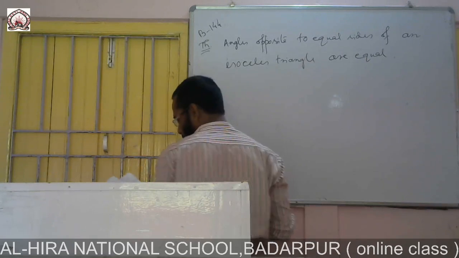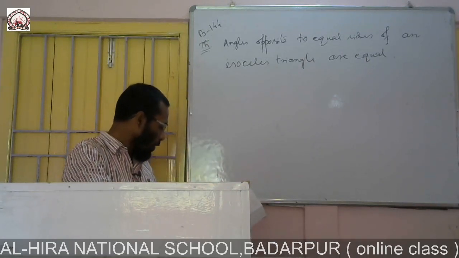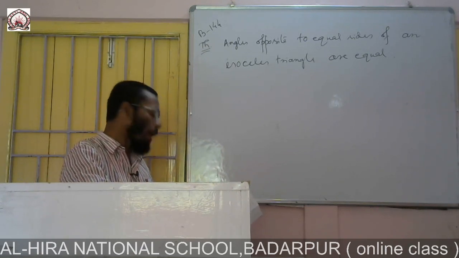This is the statement. Angles opposite to equal sides of an isosceles triangle are equal.